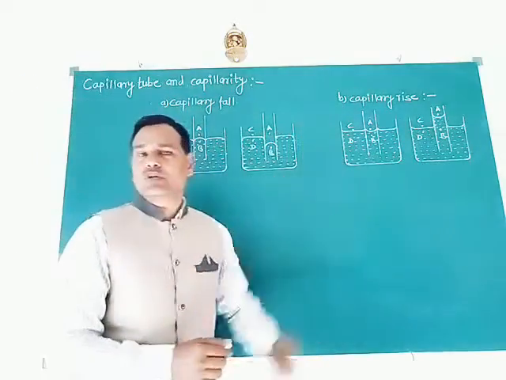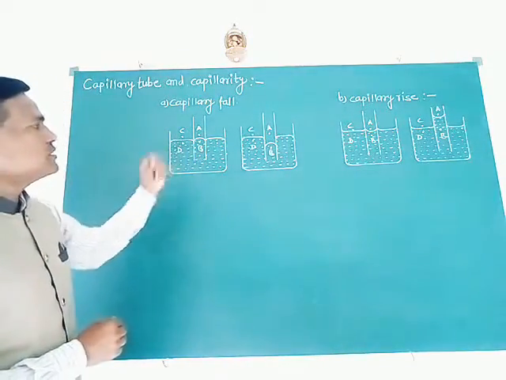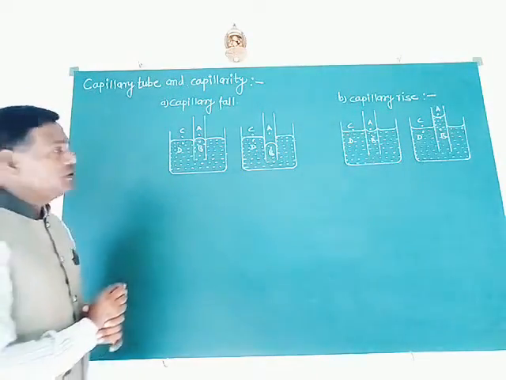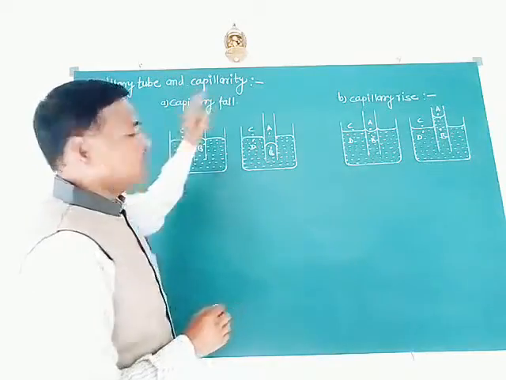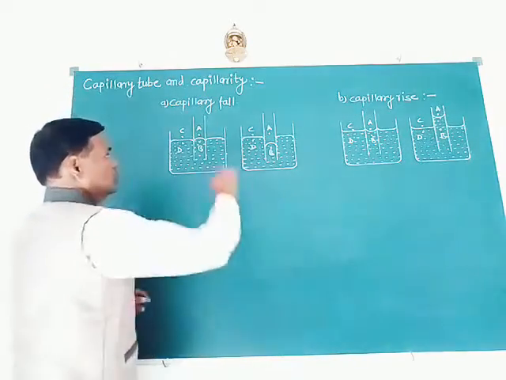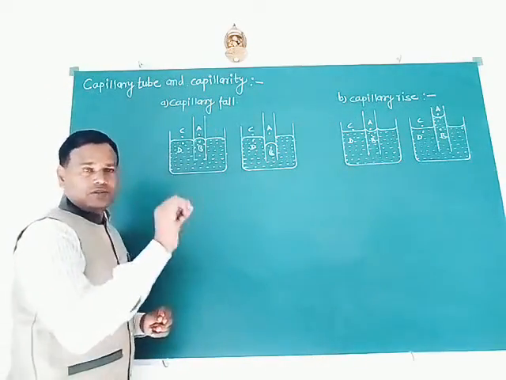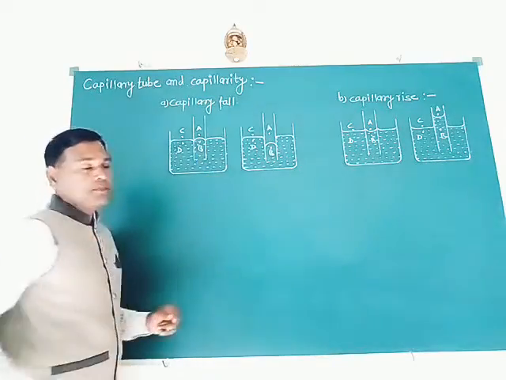आता ॲक्च्युली हे कसं होतं बघा, इथे काय केलं, एक कॅपिलरी ट्यूब घेतली आपण, ती कॅपिलरी ट्यूब मर्क्युरीमध्ये बुडवली, कॅपिलरी फॉल बघायला आपण सर्वप्रथम. सो कॅपिलरी ट्यूब इज इमर्ज्ड इन द मर्क्युरी.